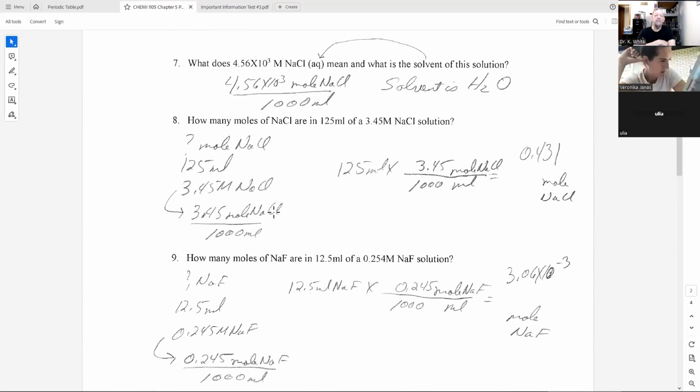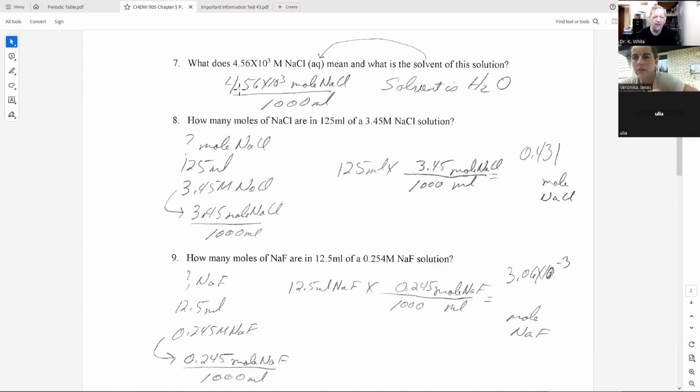Now, if we look at number 7, what does 4.56 times 10 to the third capital M NaCl [aq] mean? And what is the solvent of this solution? If we look at that, we see capital M, number in front, formula afterward. That tells me anytime you see a capital M in chemistry, that's molarity.